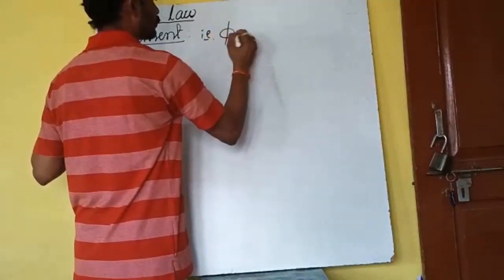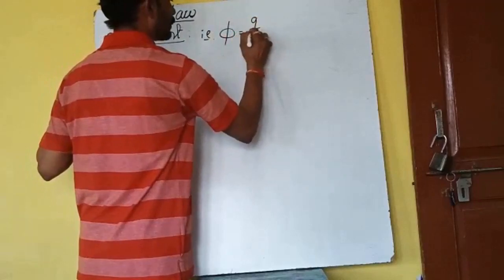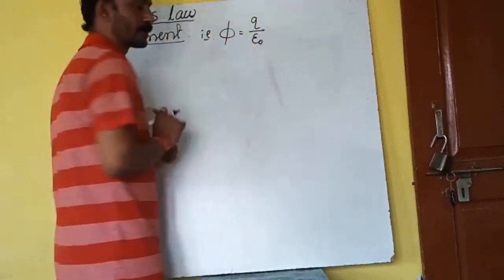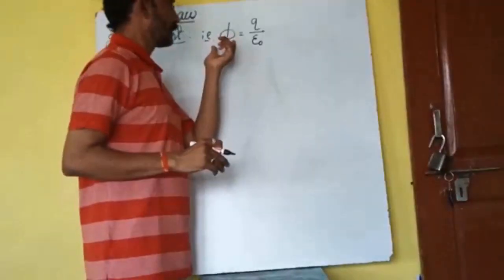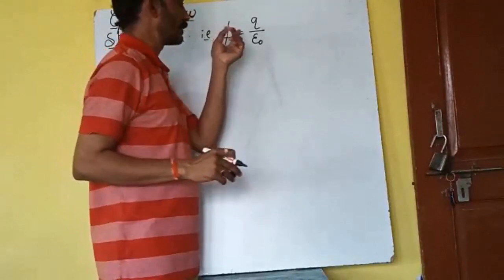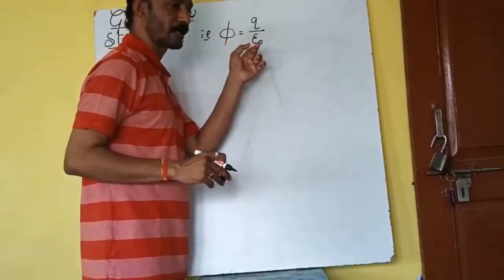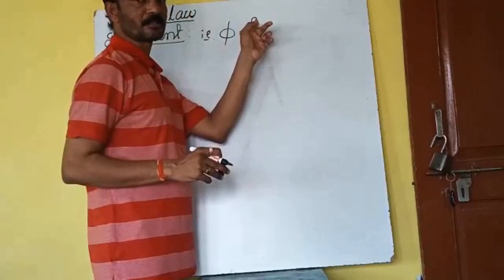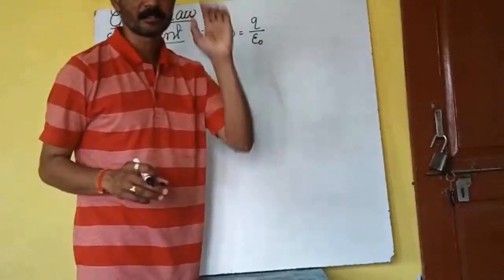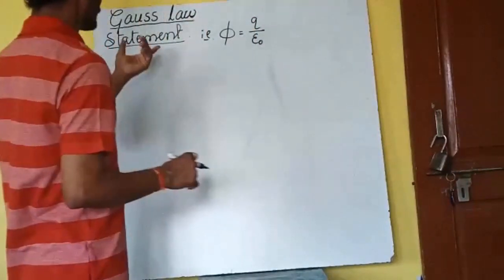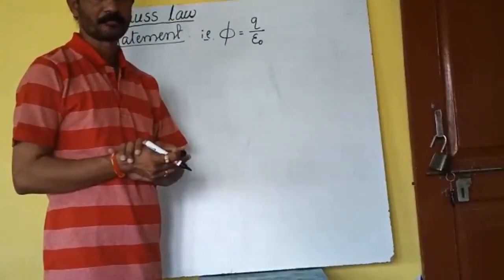Phi is equal to Q divided by epsilon naught. Here phi is the total electric flux, that is equal to 1 by epsilon naught times net charge Q enclosed by that surface. This is the statement of Gauss law.